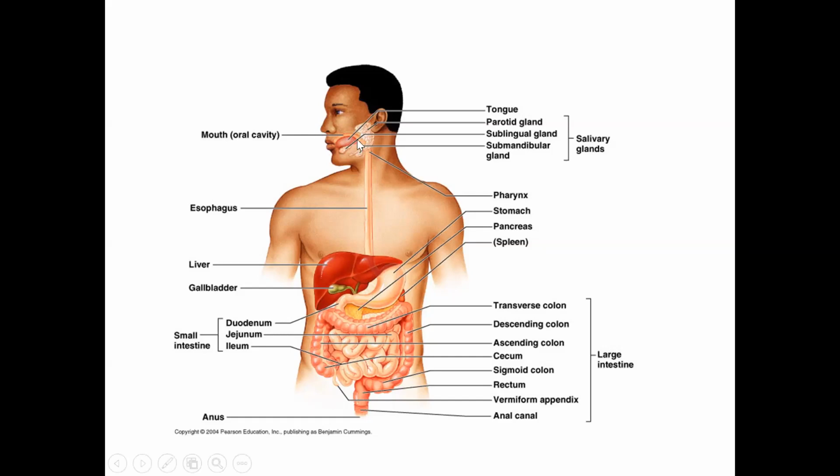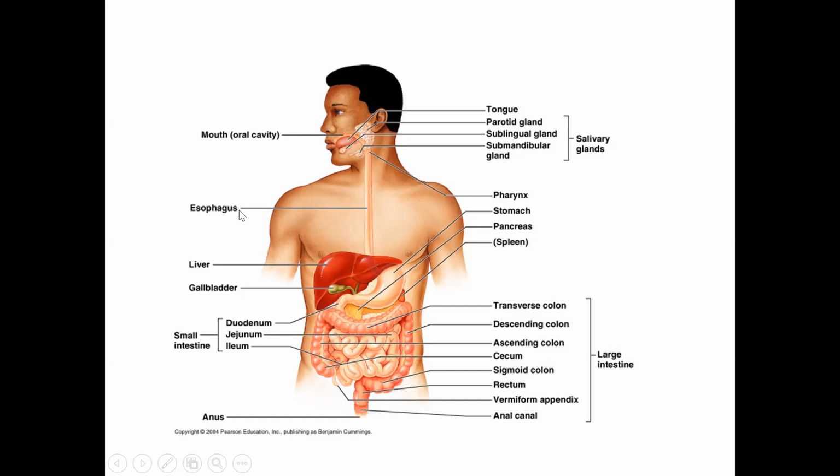This is the part that air and food share. After that, we get into the esophagus. This esophagus is very long and is a tubular structure that allows food to move toward the stomach.